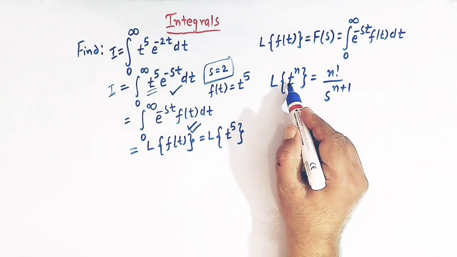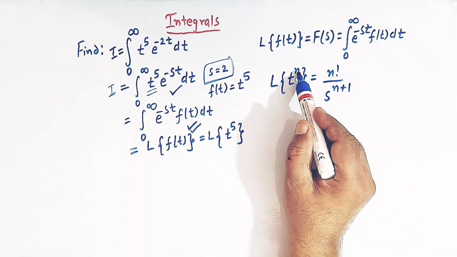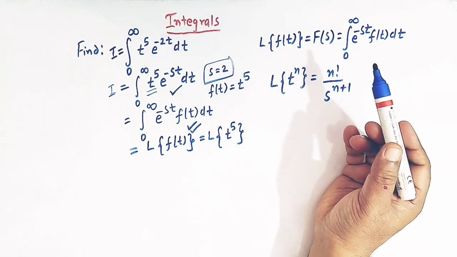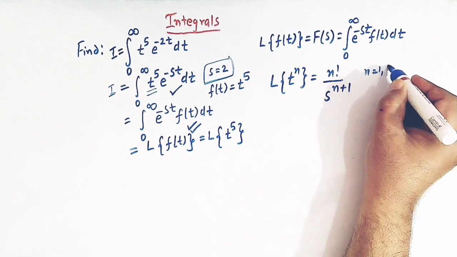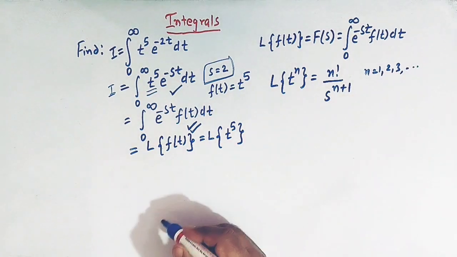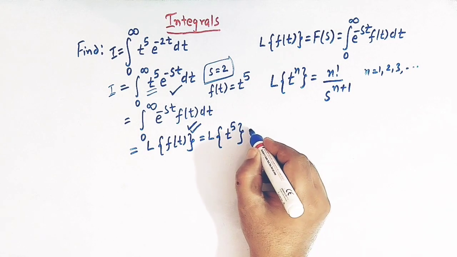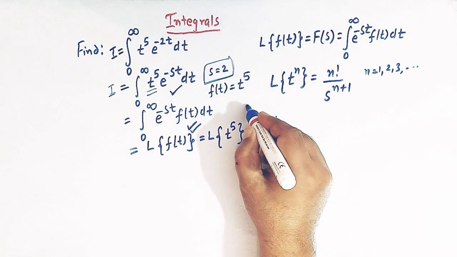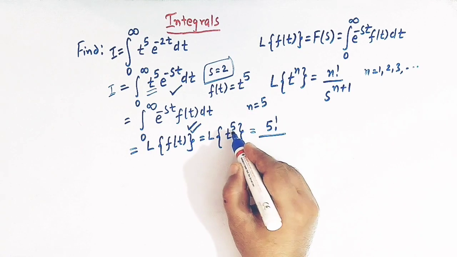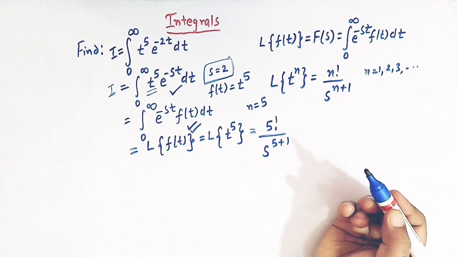So this is the Laplace transform of t raised to n, where n is a positive integer, so n is 1, 2, 3, and so on. So the Laplace transform of t raised to 5 is given by 5 factorial, because n is equal to 5 here, and we have s raised to 5 plus 1.